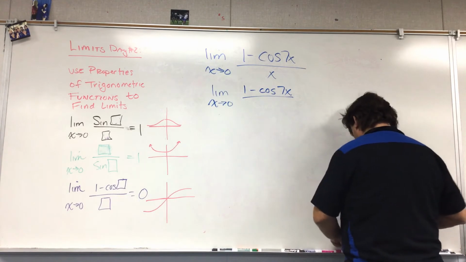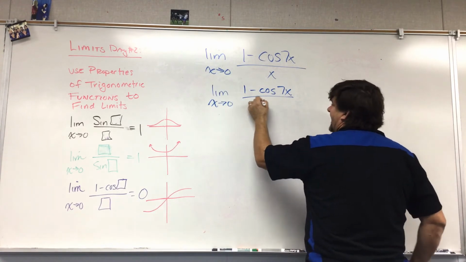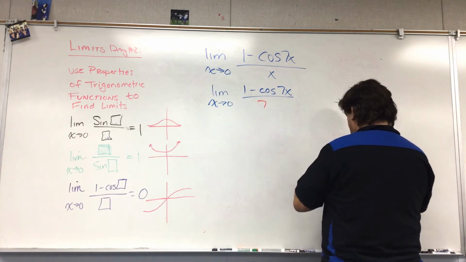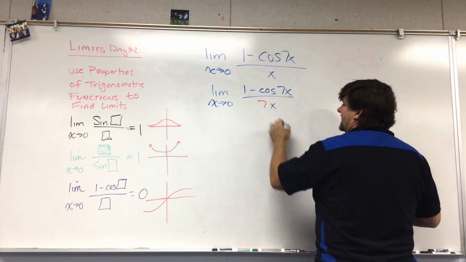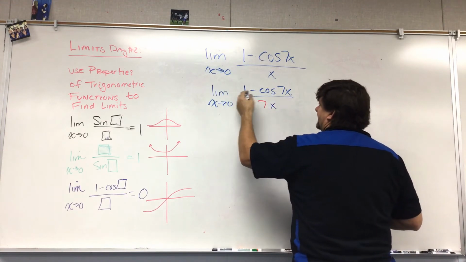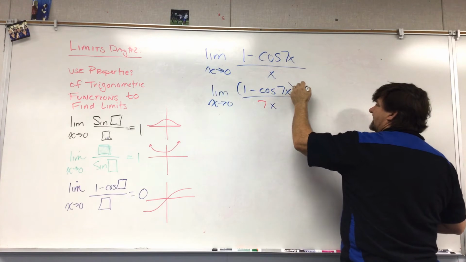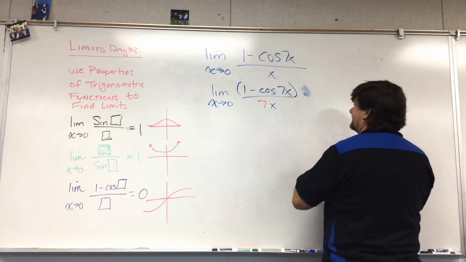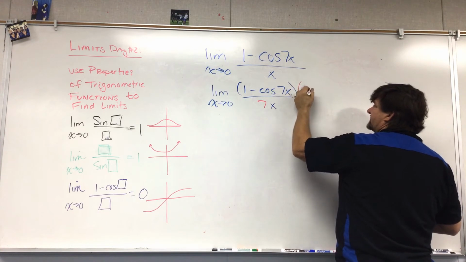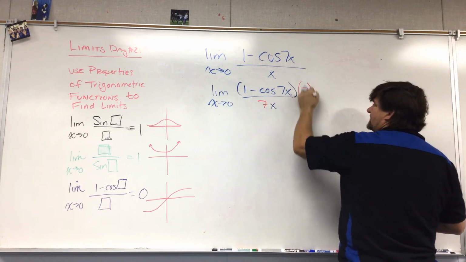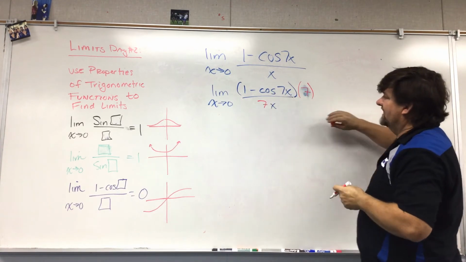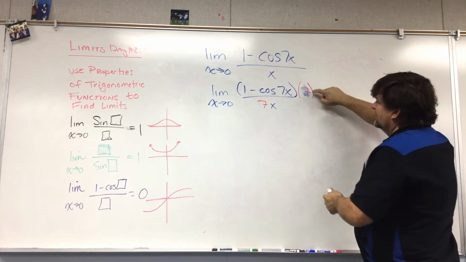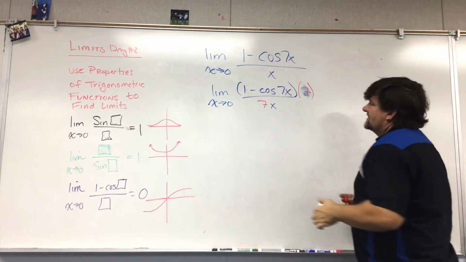So I'm going to do this one a little differently. I'm going to add the 7 down here, but I have to make sure that I'm adding a 7 up top, because what I do to the bottom I have to do to the top, so I don't change the function at all. Remember, the only thing you can do to an equation without changing it is multiply it by 1. 7 divided by 7 is 1, so I can do that.